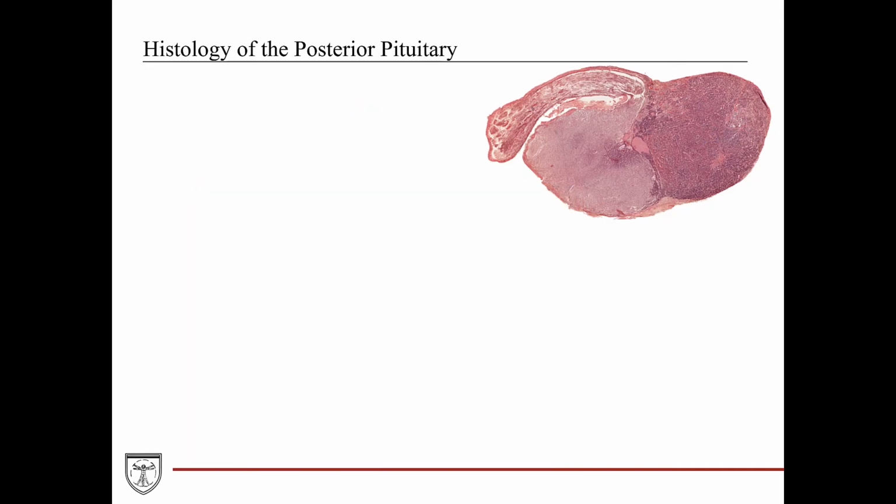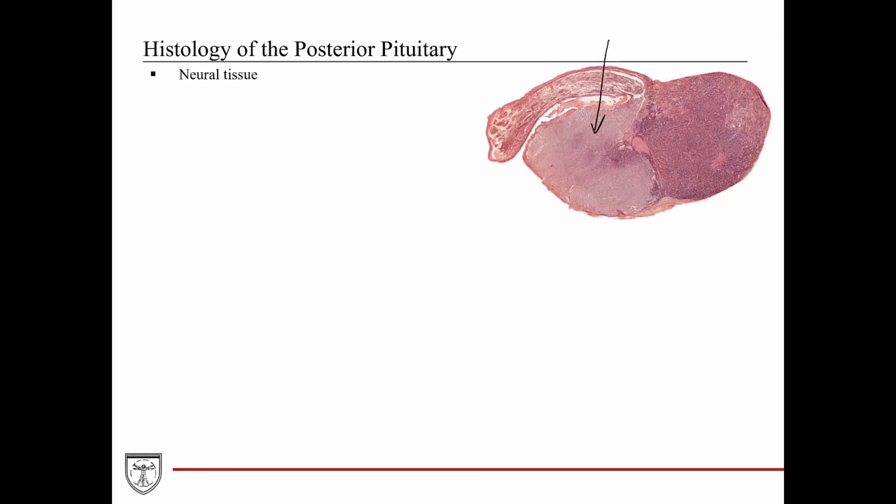The histology of the posterior pituitary is quite different than the anterior pituitary, which again we can appreciate just from the macroscopic observation as well. It stains quite pale and, relatively speaking, doesn't seem as cellular. And this is because the posterior pituitary is really an extension of the hypothalamic neural tissue.